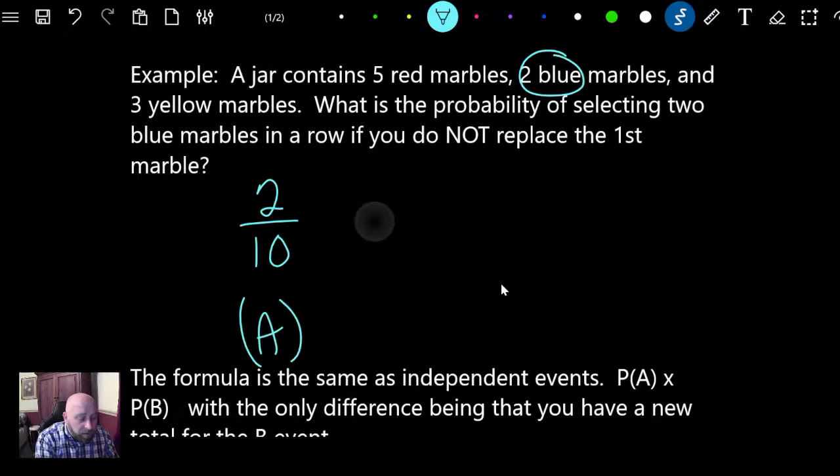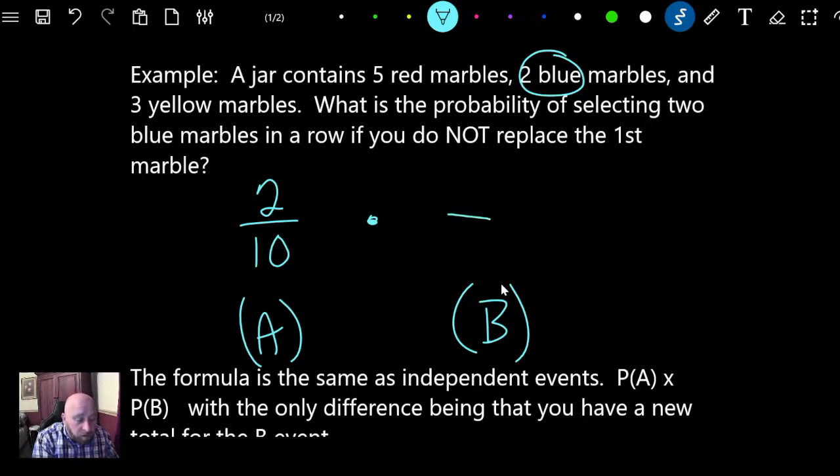Then we're going to multiply by event B. What is event B? Another blue marble. Now when we go back to the jar and put our hand in, how many marbles total are in there? That's right, there's 9 marbles. Why? Because we took one of the blue ones out. There was 10, but we took a blue one out, so now there's 9.